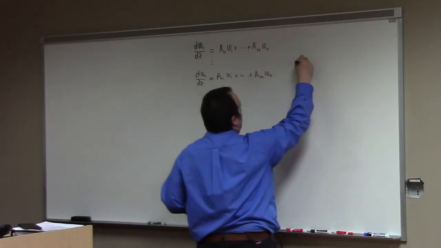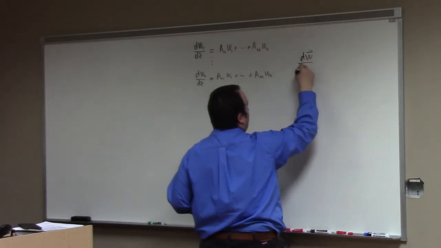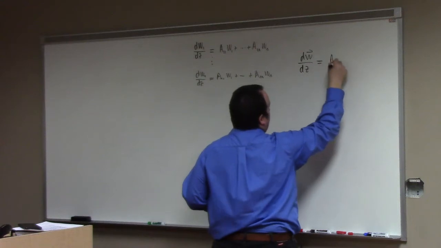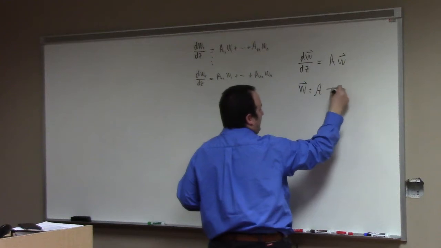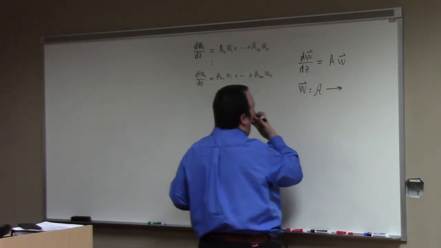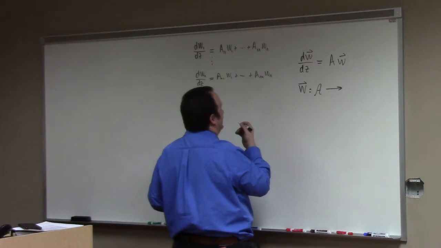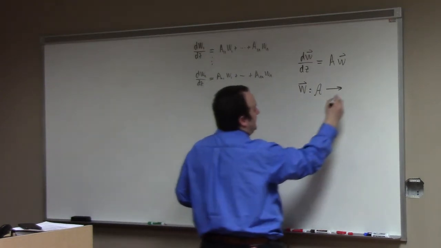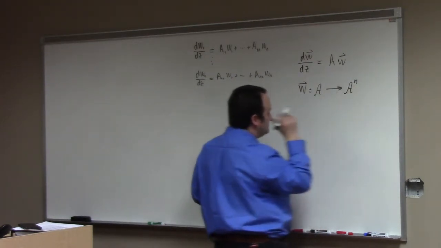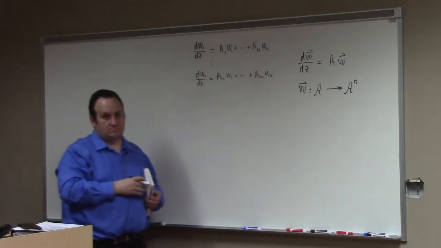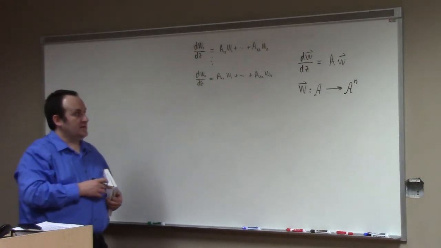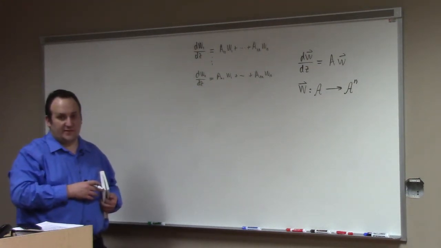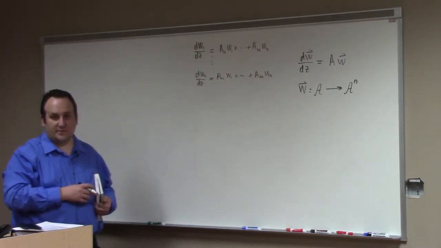In other words, I'm looking at the differential equation dw/dz equal to Aw, where w is something like a path in the algebra. Well, the output is not in the algebra; the output is in A^n, in my current lingo. So a solution is a map such that when I differentiate w with respect to the algebra variable z, I get the same thing as just multiplying A by w.